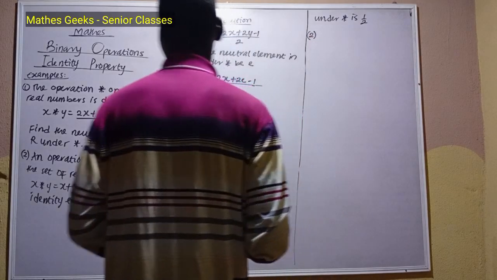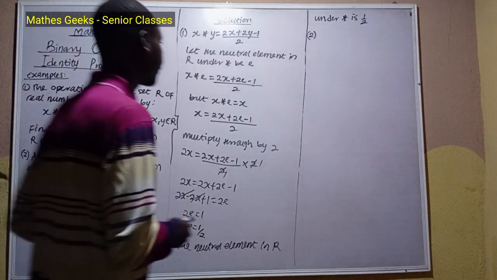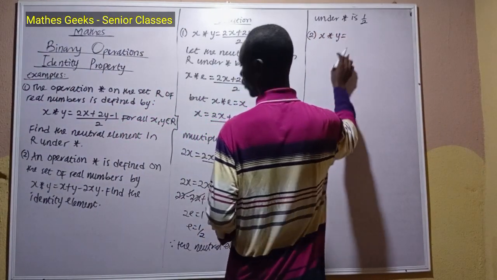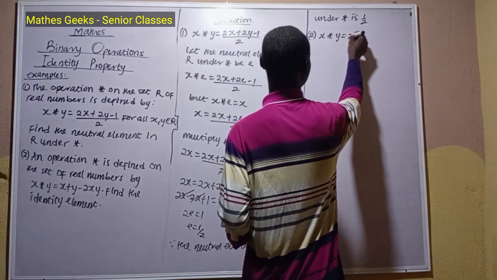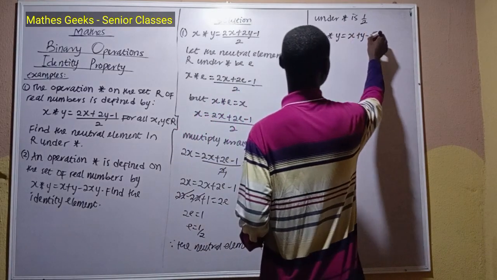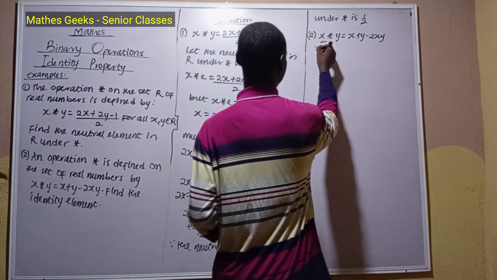Number 2. An operation star is defined on the set of real numbers by x star y is equal to x plus y minus 2xy. Find the identity element.